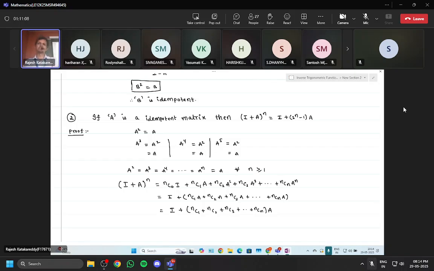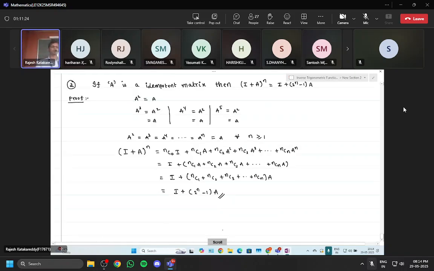There is no nC0, that is 1, so we should subtract it. This will be equal to I plus 2 power n minus 1 into A. Am I clear? Copy this, please.